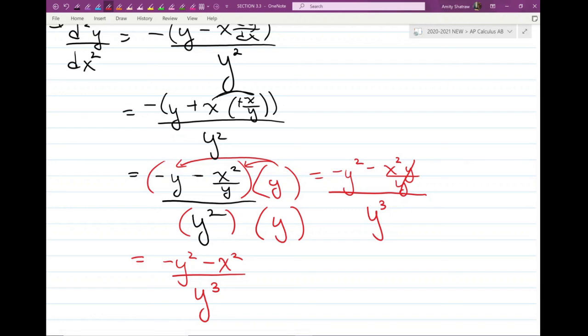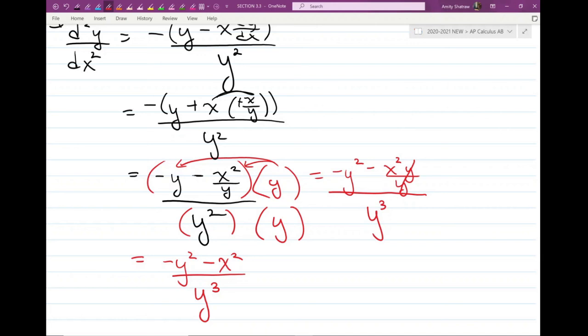Now, here's the question. Does your answer match my answer? It might not. And here's why. Because the way that you clear your fractions can cause you to end up having things that look slightly different. You know what I mean?